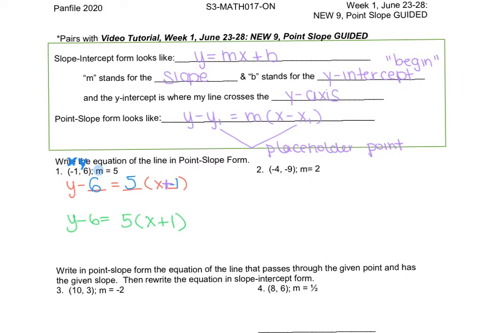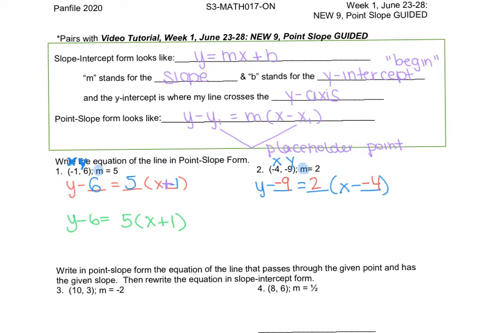Let's look at number 2. Create your template for yourself. Label your point. And then input what you have. So I put in my y, I put in my m, I put in my x.